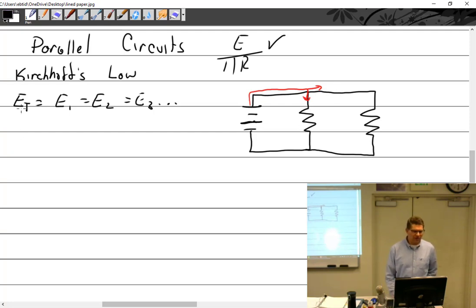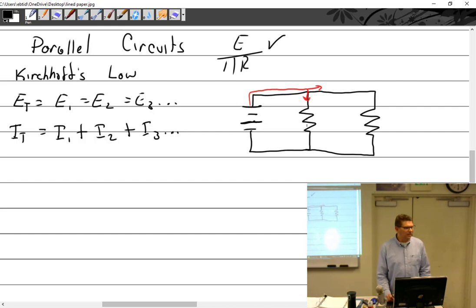So in Kirchhoff's law, E total is the same as E1, E2, E3. But I total is equal to I of 1 plus I of 2 plus I of 3, which is to say the sum of the amperage through each component is going to equal the total. So it's just backwards between parallel, right? So parallel, these two are kind of reversed.